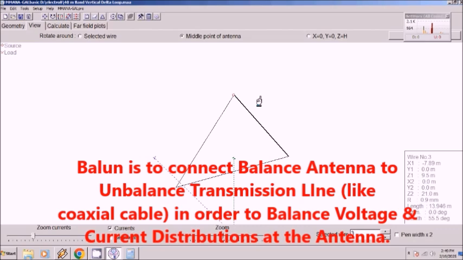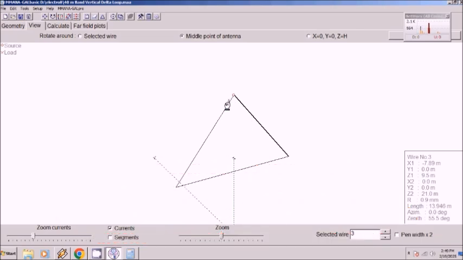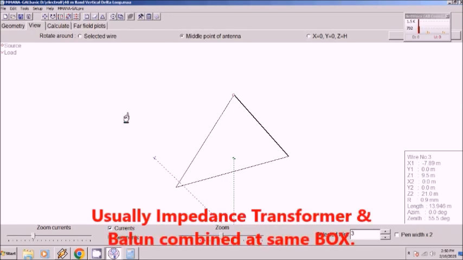With a good balun, from the left and right side of this antenna element there is going to be a balanced voltage and current distribution. Okay, that is better. And the impedance transformer and balun can be combined in the same box. Okay, that's all.